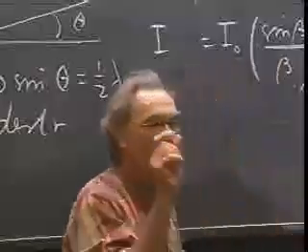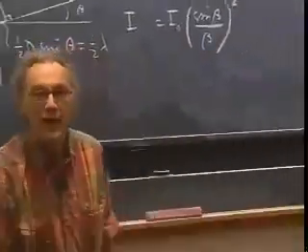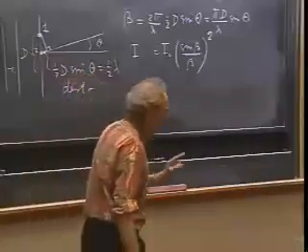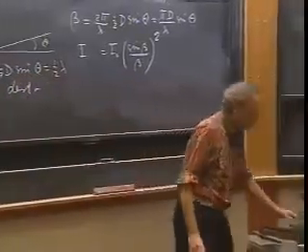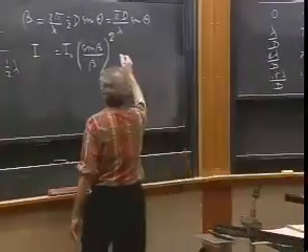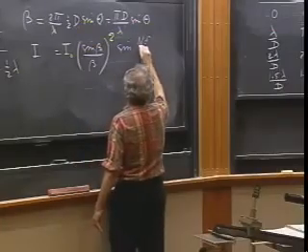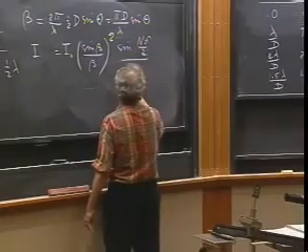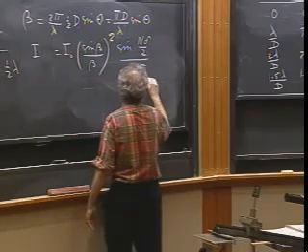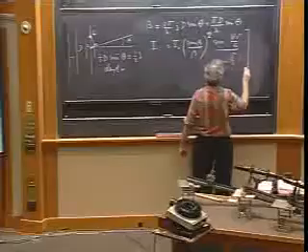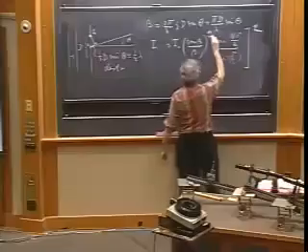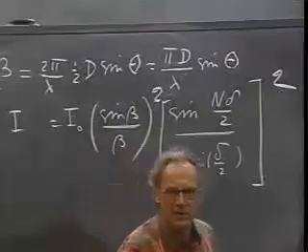This capital D is the opening of each groove in your grating, and little d is the separation between the grooves. Then I can write down here the sine of n delta over 2 divided by the sine of delta over 2, and now I put here the square, and now I have the real grating equation.